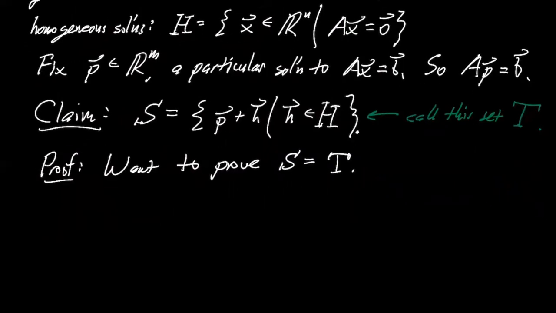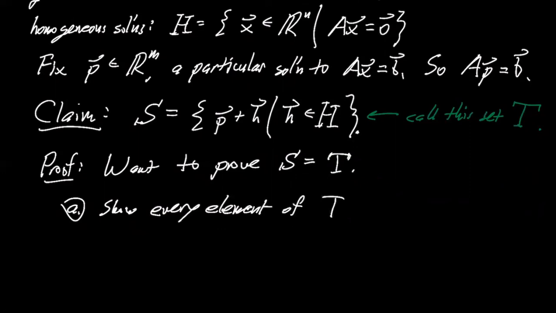So the idea is that we're going to show every element of T is actually in S. I don't know why I'm making these fancy letters. Part of the problem is that I can't write an S very nicely, so I'm doing that to make myself slow down.